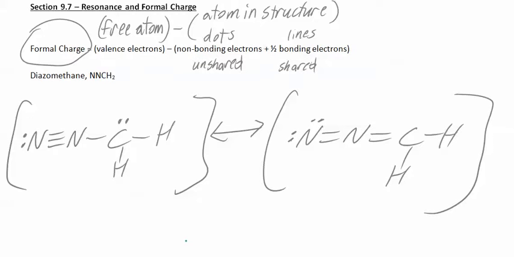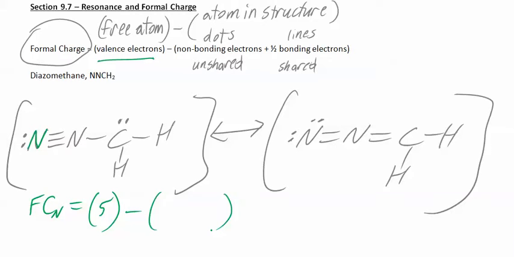So let's go ahead and calculate the formal charge for one of these atoms. Here I'll highlight this N in green, and we'll calculate the formal charge on this atom. In terms of how many valence electrons the free atom has, nitrogen would have 5 if it were by itself. Then we subtract what it has in the molecule. Non-bonding dots, this nitrogen in green has 2 dots, so we're going to subtract those.